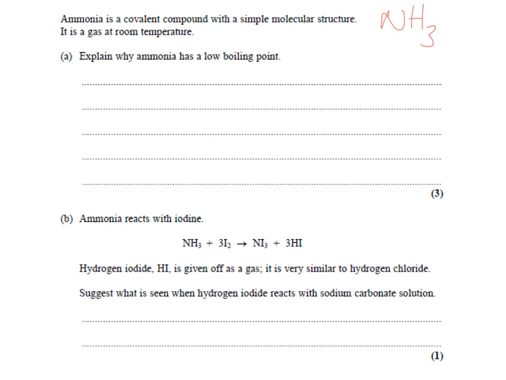But the question is now asking you, well, it tells you it's a gas at room temperature. It says, why does ammonia have a low boiling point? And the reason it has a low boiling point is all to do with its simple molecular structure. And what holds the structure together are weak forces. And those forces are between the molecules.